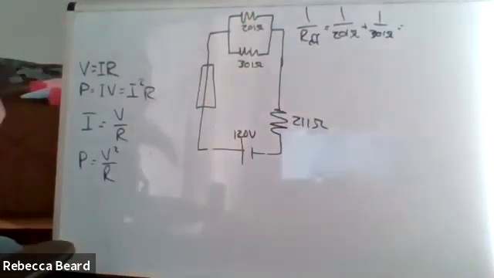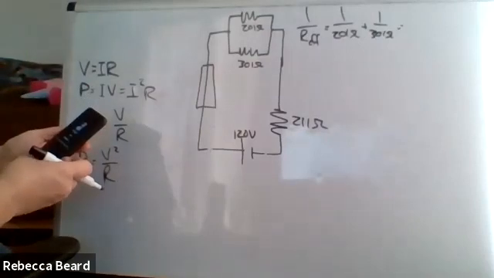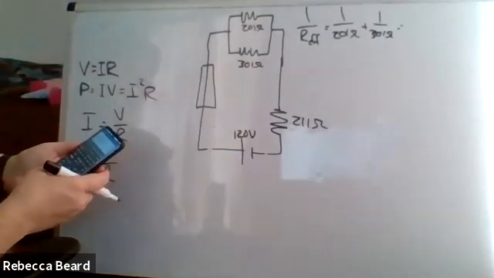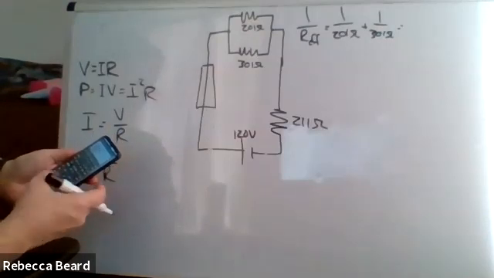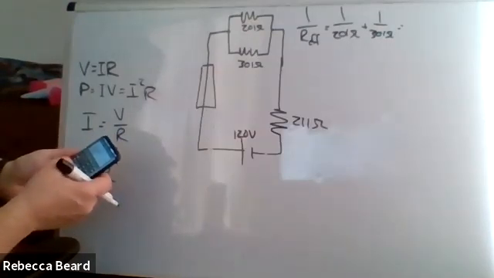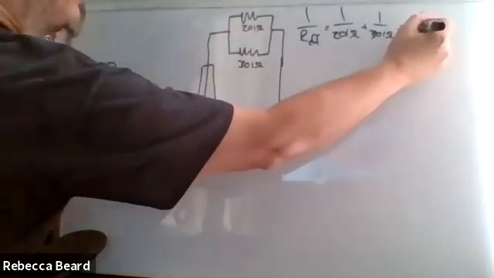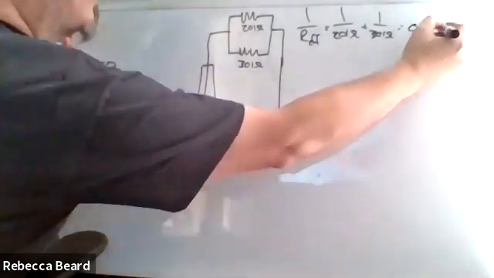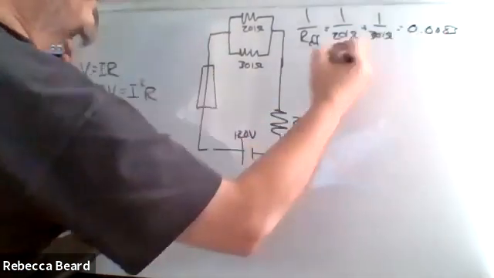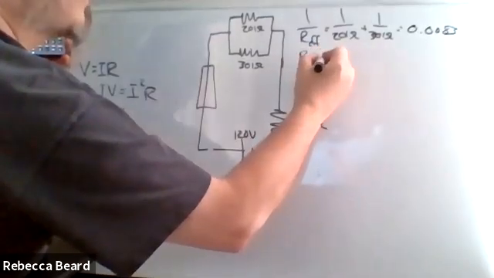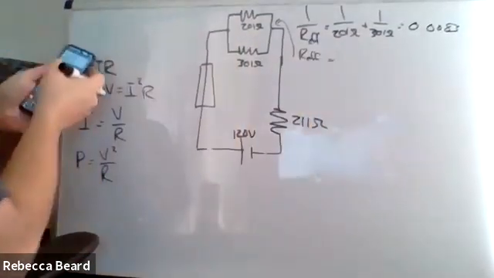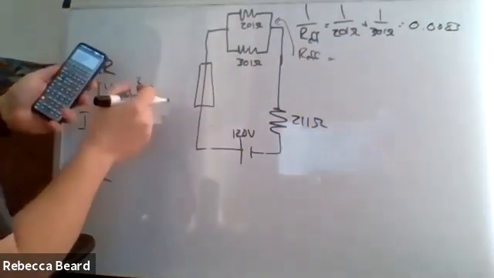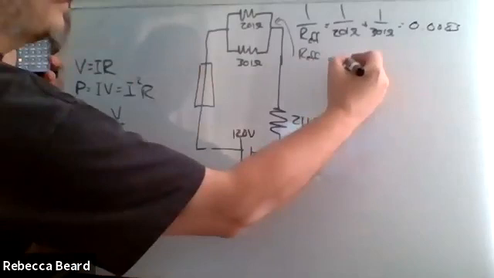That's going to be, calculator work, 0.0083. So R effective for this one is going to equal 1 over that, which I've got as 120.5199, so 120.